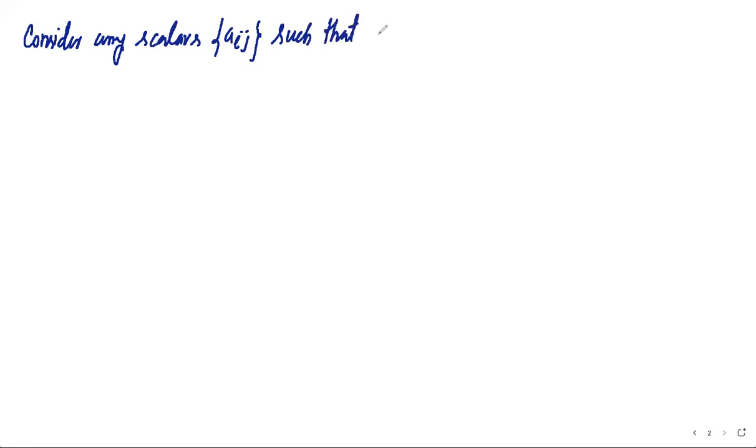Now consider any scalars aij such that this summation i from 1 to k, summation j from 1 to ni, aij vij is equal to 0.